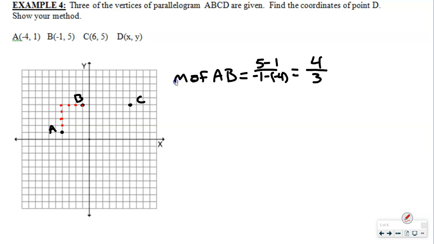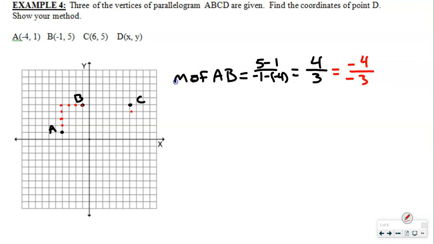I would need to go down 4 and left 3. Because remember, we can also show our slope as -4 over -3, going the opposite direction. Down 4, left 3. That still equals, because the negatives would cancel out to make it positive 4 over 3.